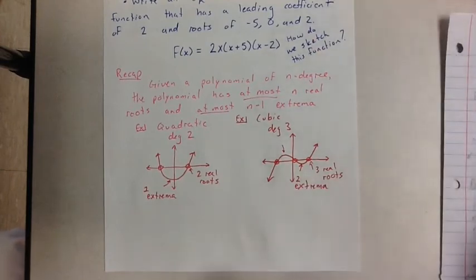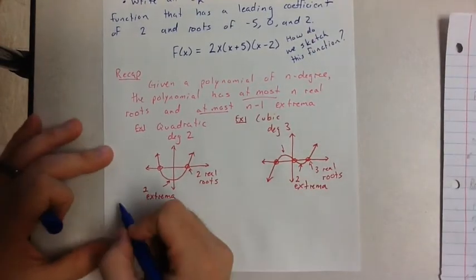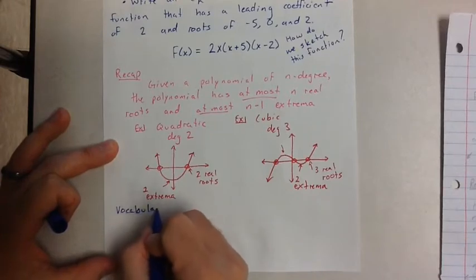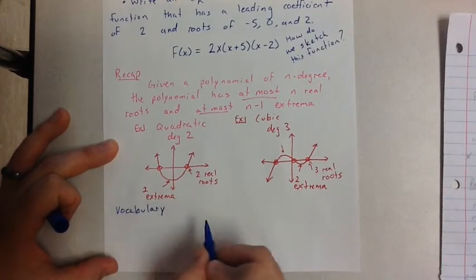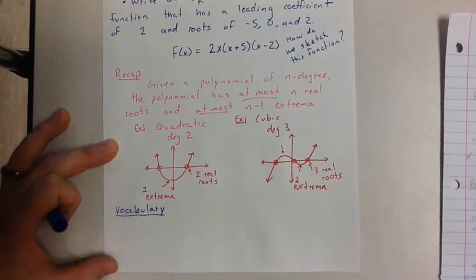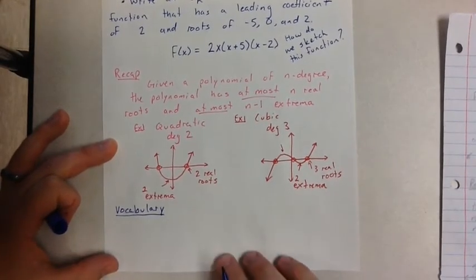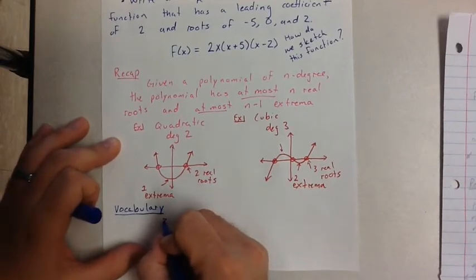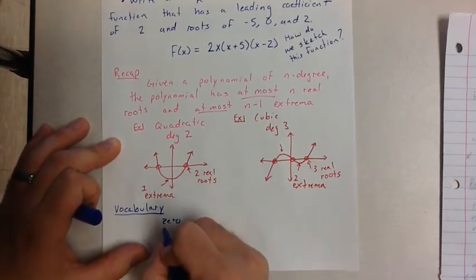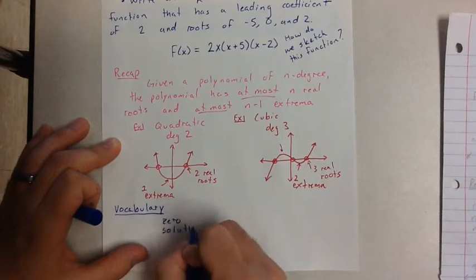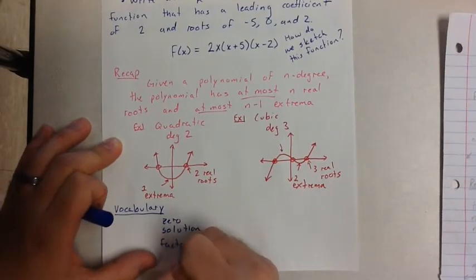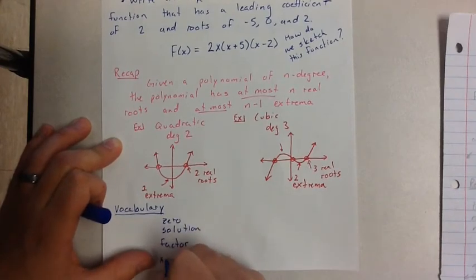With that understanding, I also want to go over some vocabulary, to make sure that we are using the right terms in the right way. We have these 4 words that we've seen through this course and through Algebra 2. We have this term of a zero, what's called a solution, a factor, and an x-intercept.